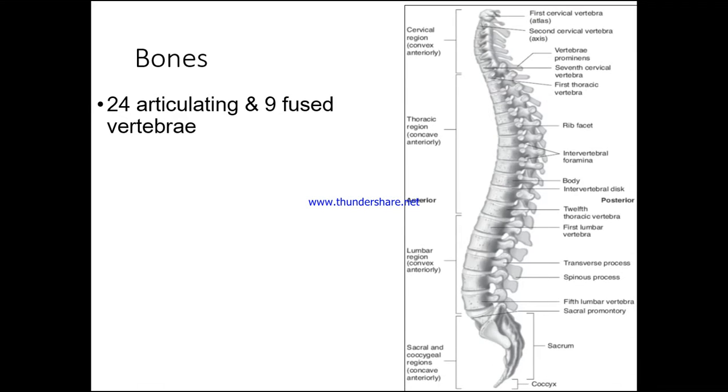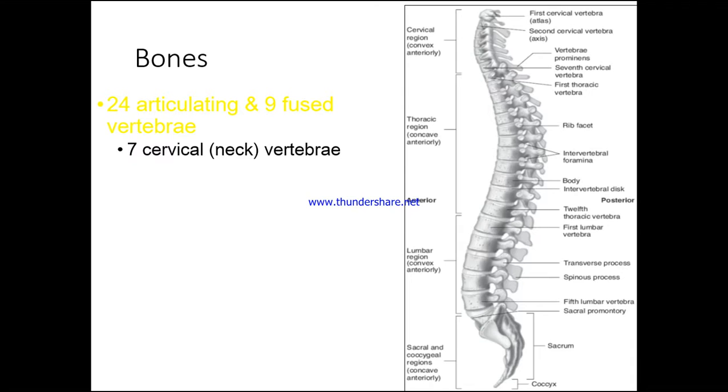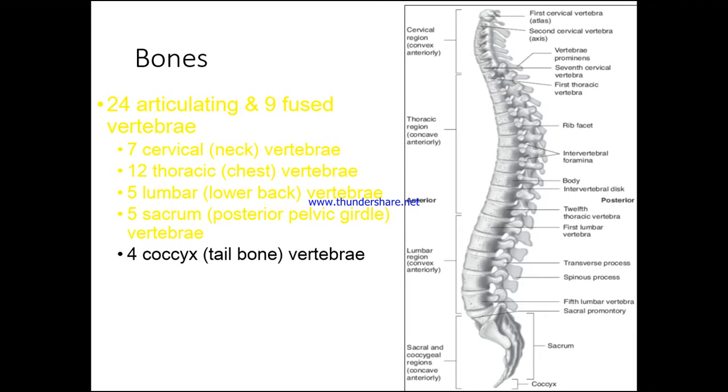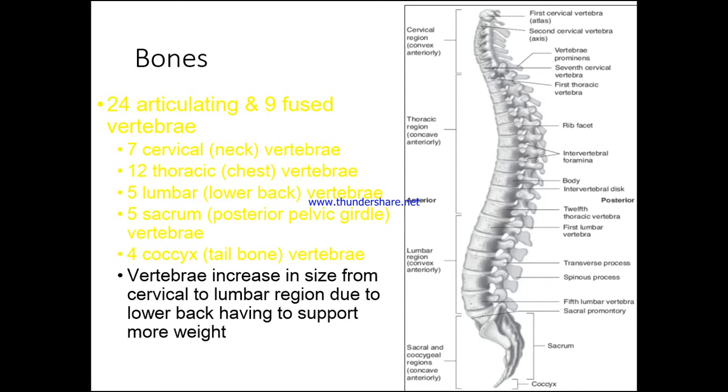Let's look at the bones themselves. We have 24 articulating and 9 fused vertebrae: 7 cervical in the neck, 12 thoracic in the chest, 5 lumbar in the lower back, 5 sacral in the posterior pelvic girdle, and 4 coccygeal in the tailbone. 7, 12, 5, 5, 4 keeps us all standing tall.